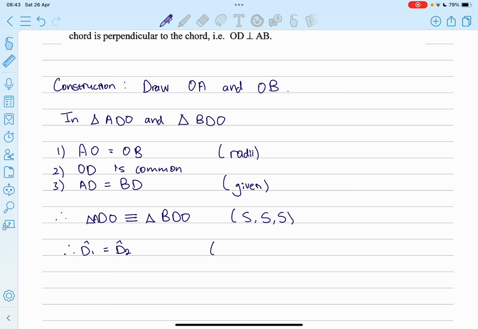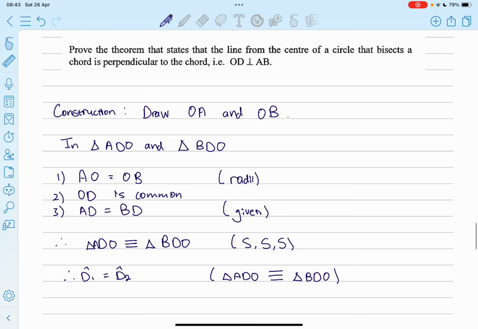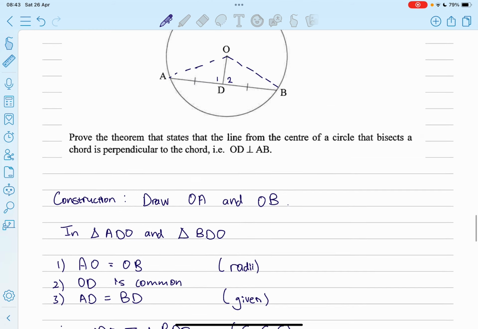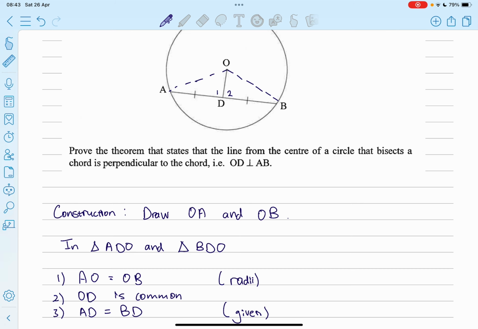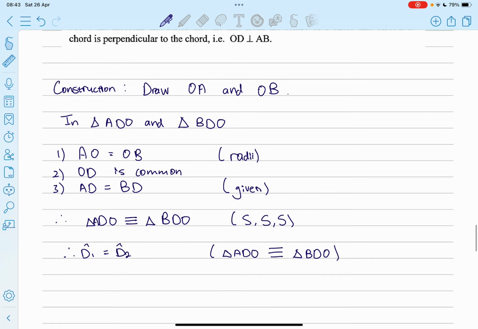And the reason will be because triangle ADO is congruent to triangle BDO. Those two angles have to be the same because the triangles are exactly the same. All right, so if these two angles are equal, and you can see that they are angles on a straight line, it means that they will be 90 degrees, right?